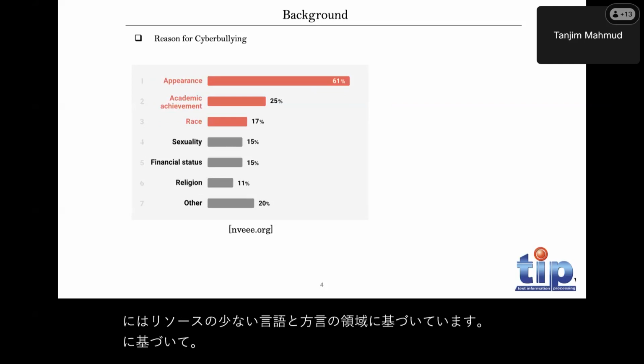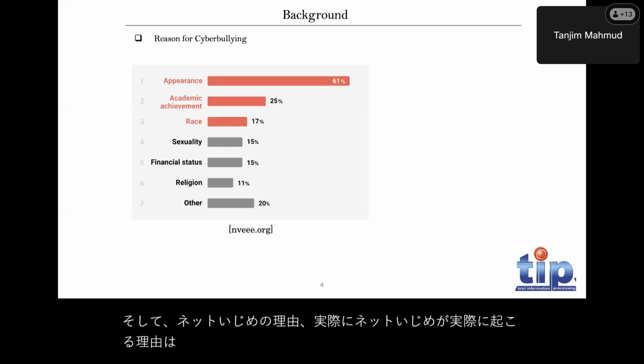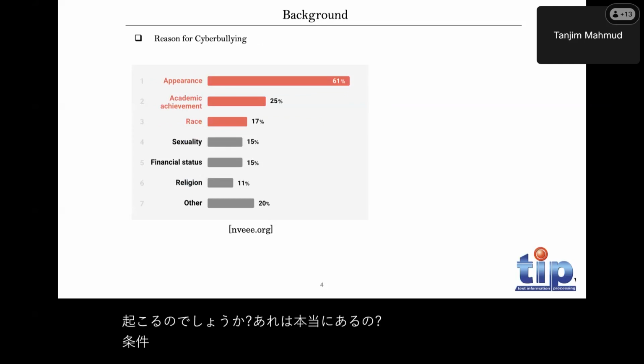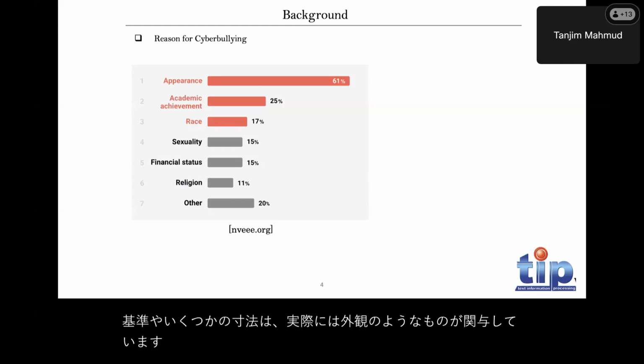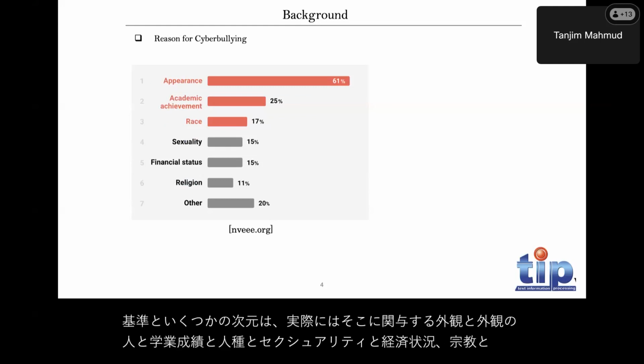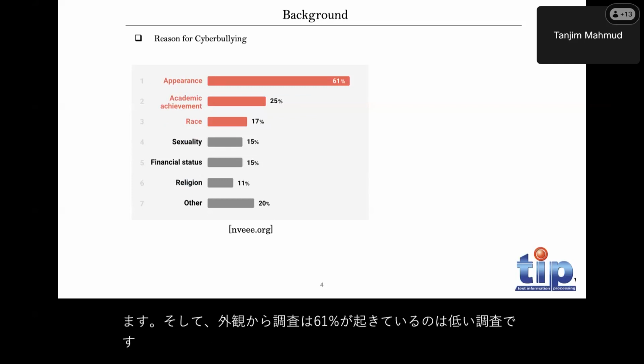Then the reasons for cyberbullying. Why cyberbullying happens involves a few criteria and dimensions: appearance, academic achievement, race, sexuality, financial status, religion and others. In the survey, appearance is at 61%, in low resource language and dialect based areas.